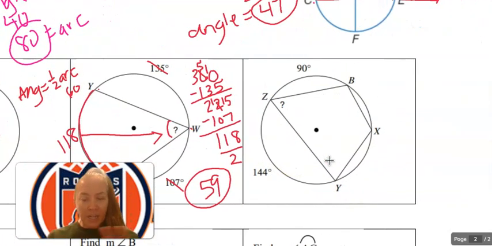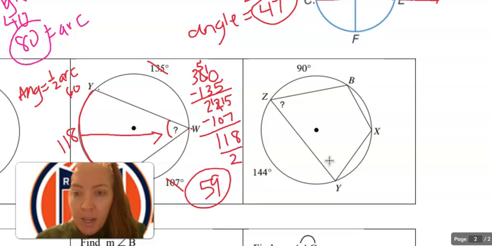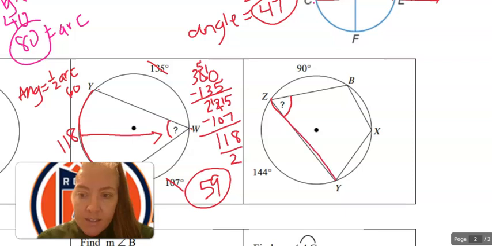We have this kind of trapezoid quadrilateral looking inside, but don't think of it as a whole shape. Just keep thinking of inscribed angles somewhere because that's what we're focusing on. So the first thing I know is I want to find this angle, and if I extend the sides, I know it's related to this arc, BXY.